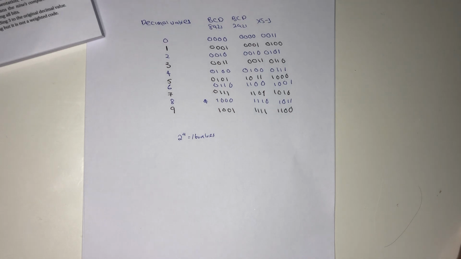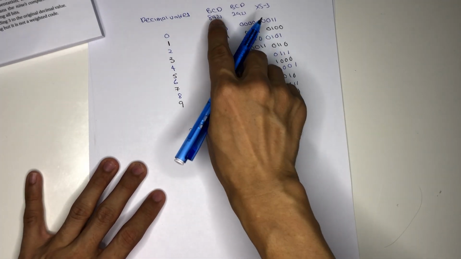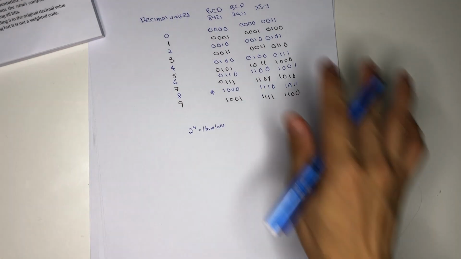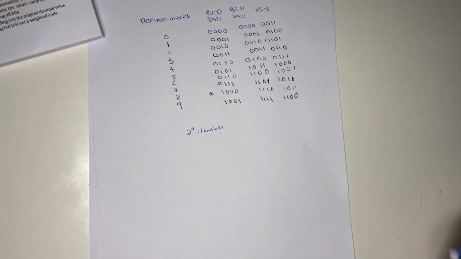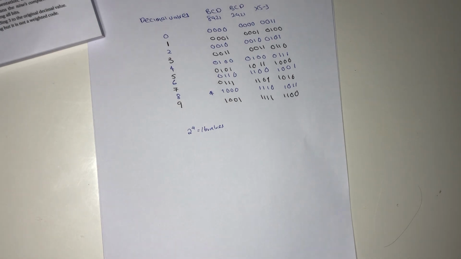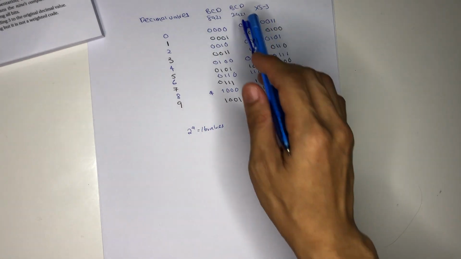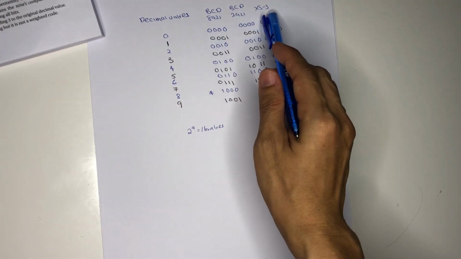And only one combination is used for each decimal digit. 6 combinations are considered unused or invalid. Three of the most common BCD codes used are BCD 8421, BCD 2421, and excess 3 code.